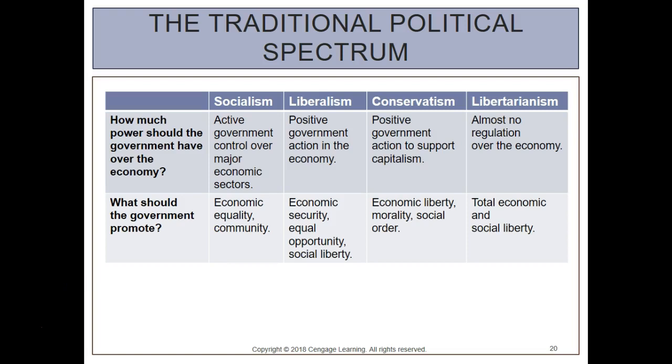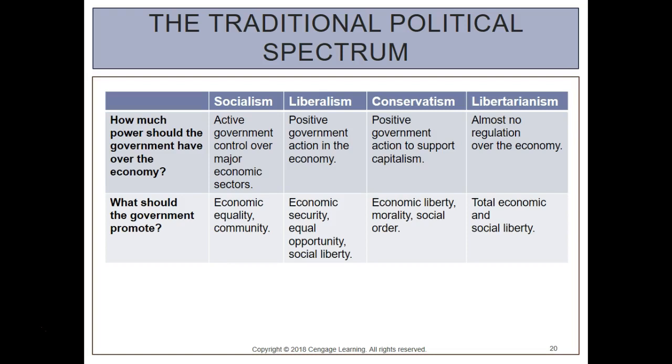Okay, so I want to just skip ahead and let this be laid out for you. If you look at the spectrum, remember the thing that I talked about earlier, draw it from left to right. You can see how things play out here. Socialism, liberalism, conservatism, and libertarianism.